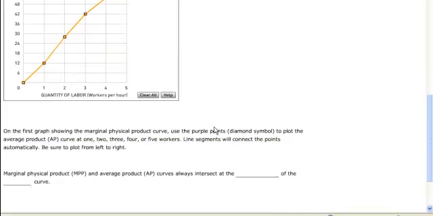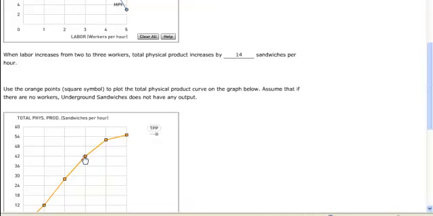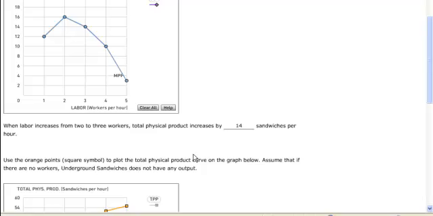Okay, next we're asked to go ahead and graph the average product curve for 1, 2, 3, 4, and 5 workers. So we're going to again use this total physical product curve to derive the average physical product. So we're going to take the TPP divided by the number of workers, and that's going to give us the average physical product. So at 1 worker, we have a total physical product of 12. 12 divided by 1 would give us 12.